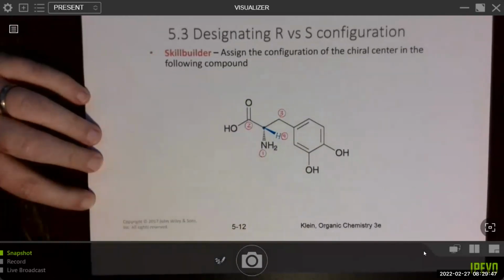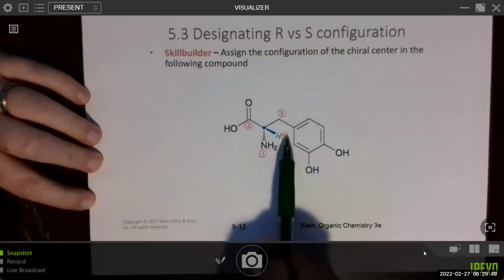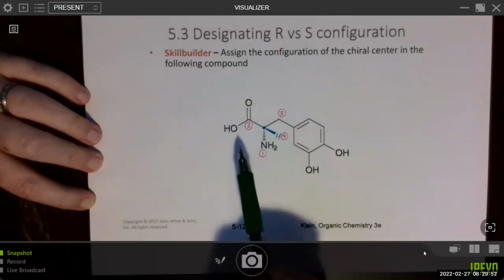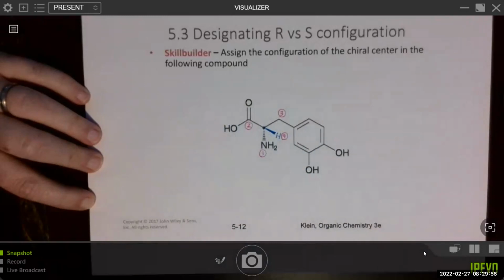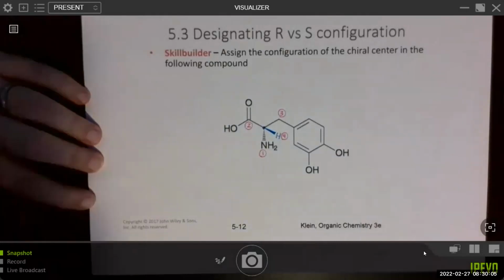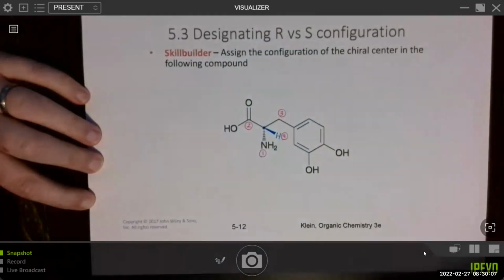So basically, if your fourth priority group is not pointed back and instead is pointed out at you, you can just flip the designation because it's like you're looking at the molecule from the wrong direction. It's like you're looking at it, instead of from the direction that you want with the hydrogen pointed back, from the other side with the hydrogen in front.